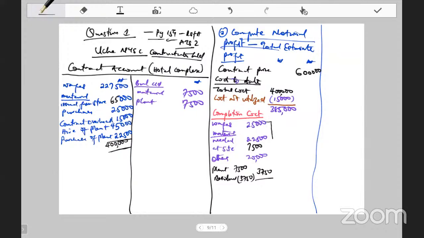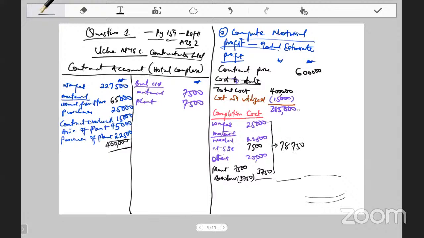Now I need your help. Please, can you add all these together so I can know what is the future cost or completion cost? 78,750.